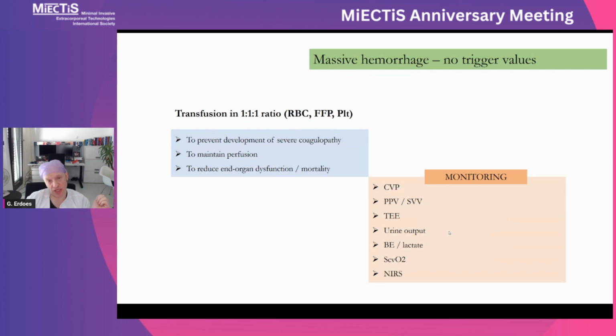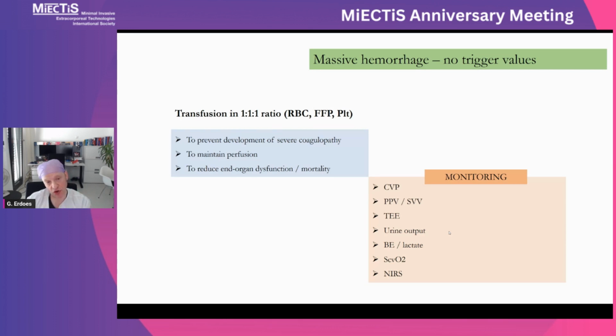What can we do in a case of massive hemorrhage? In my opinion, there are no trigger values, and you should transfuse as in a trauma patient to prevent development of severe coagulopathy and to maintain perfusion and to reduce end organ transfusion.